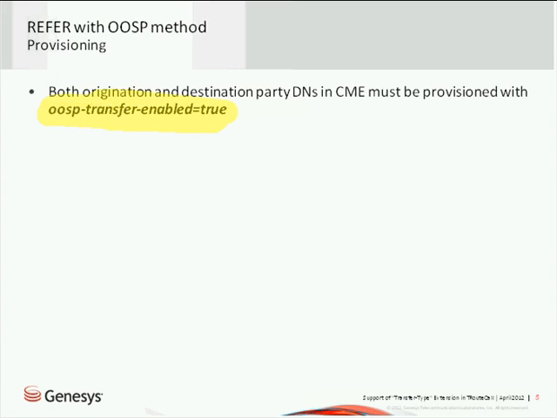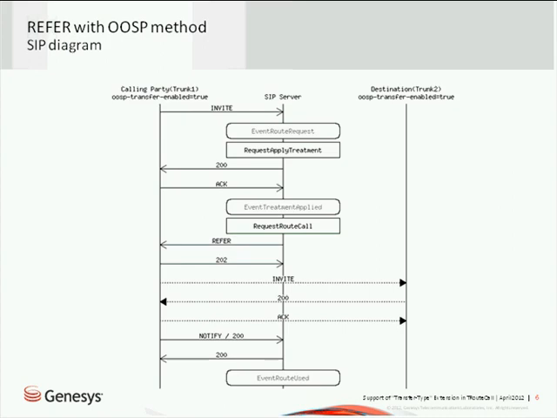This configuration will make SIP server perform call routing using refer with getting out of signaling path, and the diagram will look like this. You can see that I marked required configuration at caller and destination side.